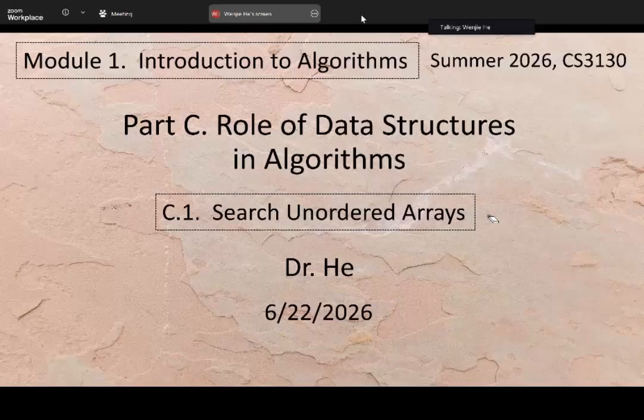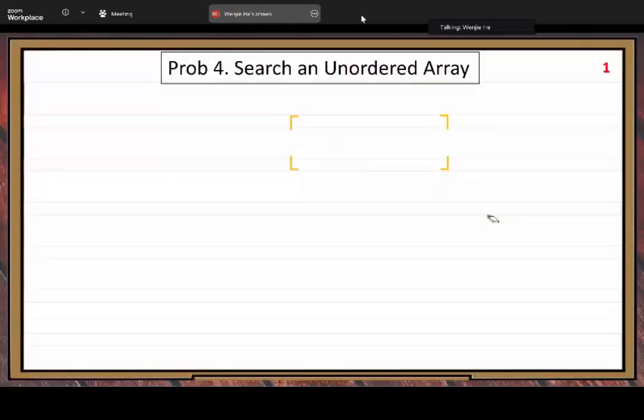Topic, role of data structures in algorithms. C.1, search unordered arrays. All right. So let's look at our question first, search an unordered array. It's a simple computing problem, but very basic, so we need to learn.